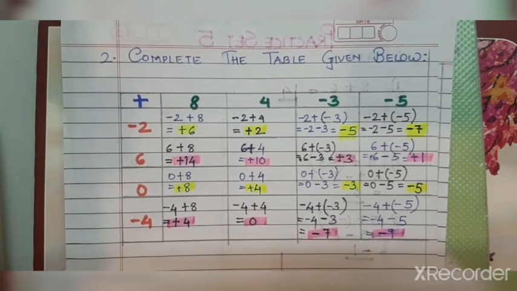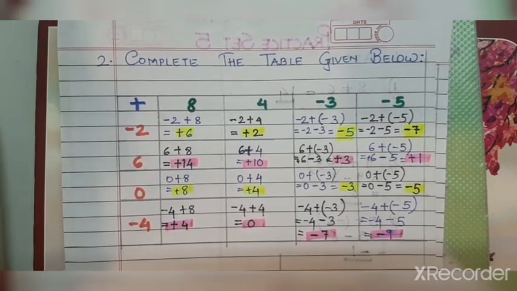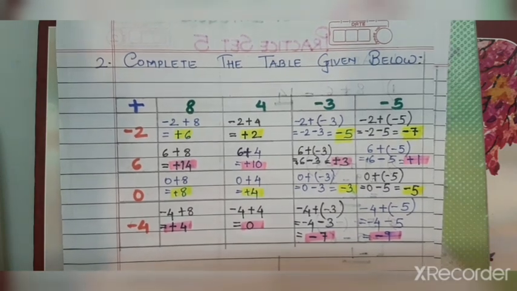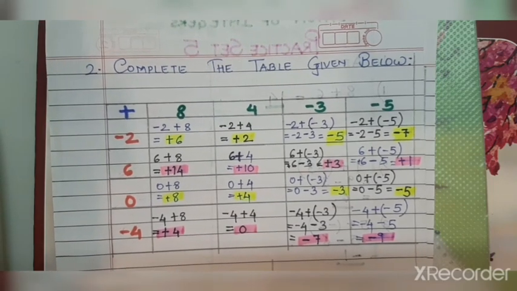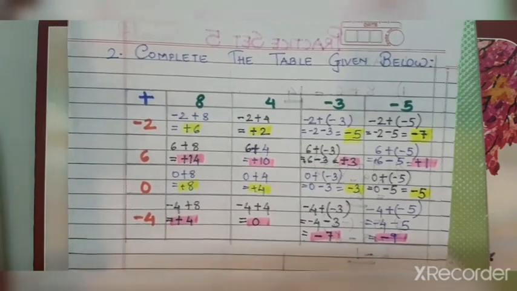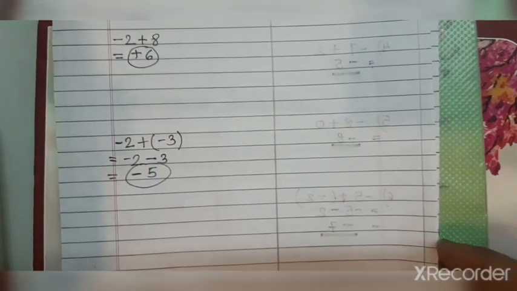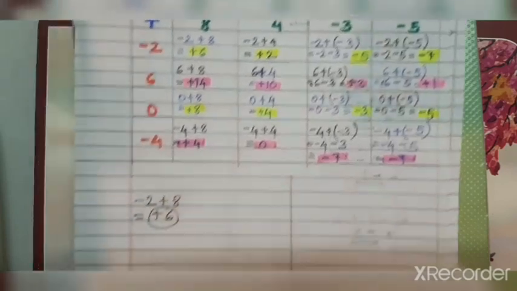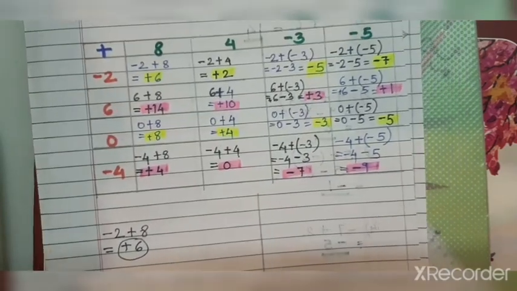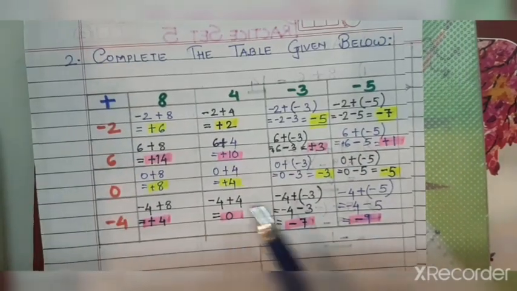So this is the table from practice set 5, which you have to solve in your notebook. As I told you that if you cannot make a bigger table, you can solve it down and then just write these answers here. But it is necessary to show the calculation which you have done down, or show it in the table itself.